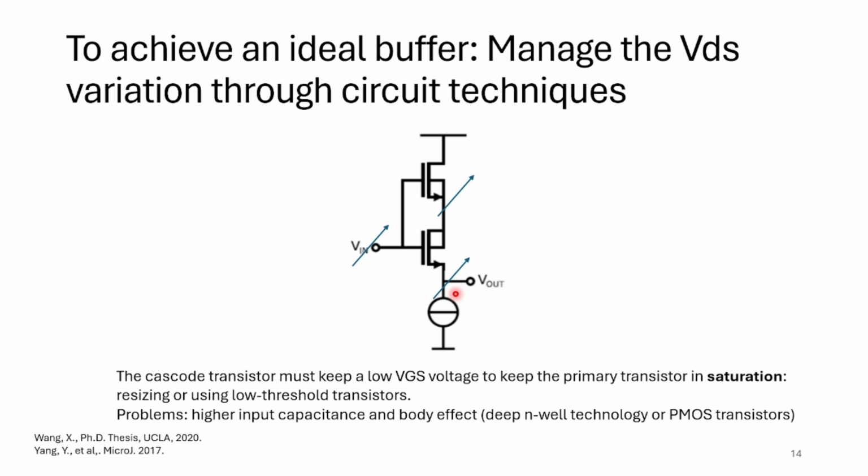Another problem that I forgot to mention is that the gate source of this transistor might push this one into triode. It has been suggested in papers to use a low threshold transistor here if you have it in your PDK.